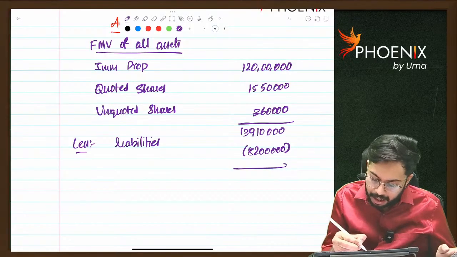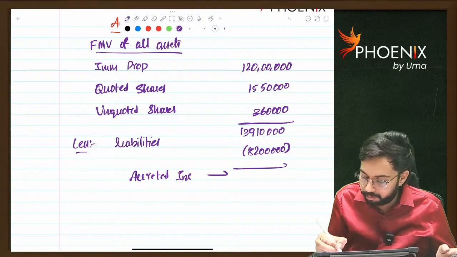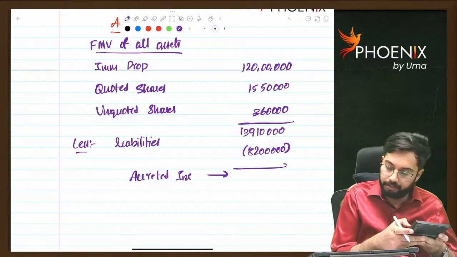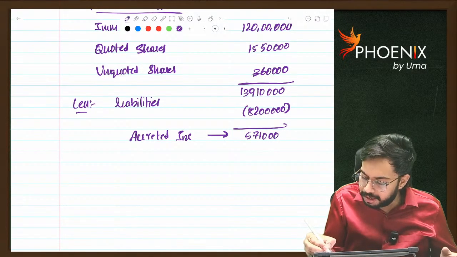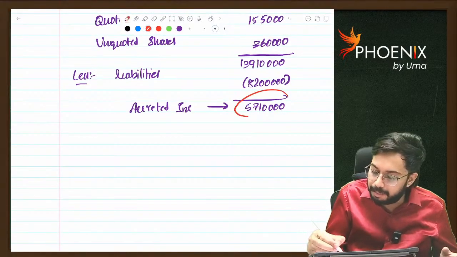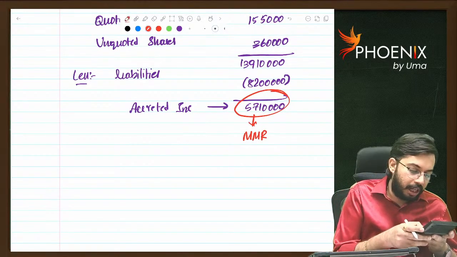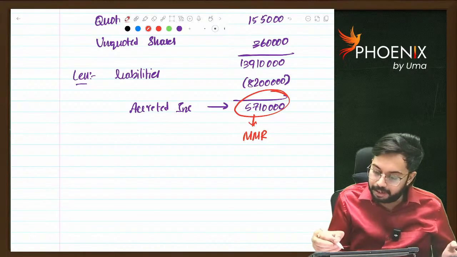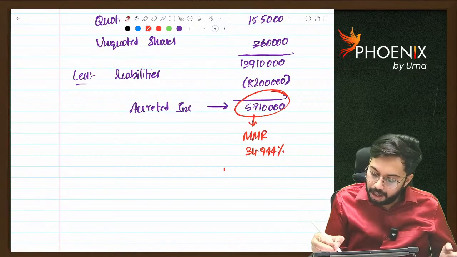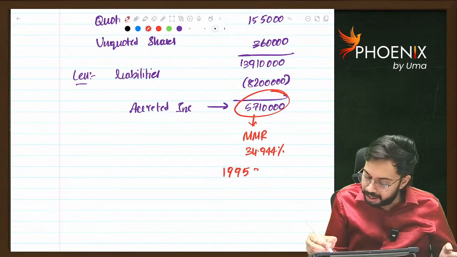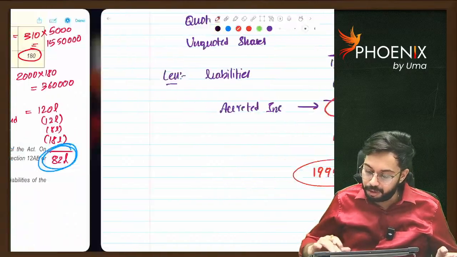So how much is accreted income? 57 lakh 10,000. On this accreted income, the tax rate applicable is MMR, maximum marginal rate, 34.944%. How much? 19 lakh 95,302. So this is the tax that they need to pay.